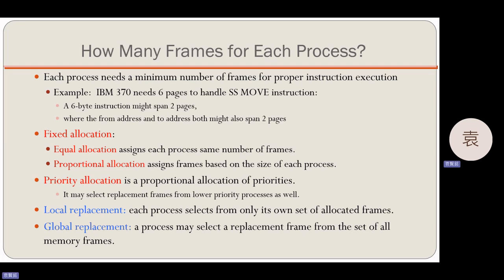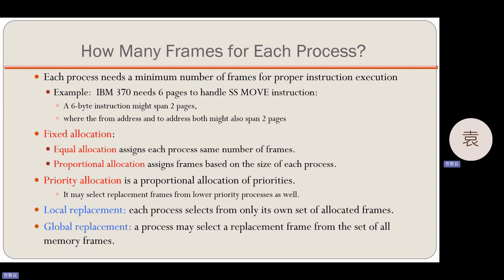This kind of replacement, sometimes we call global replacement, instead of local replacement. Local replacement means a process only selects those frames which are assigned to itself. Global replacement means a process may select a replacement frame from other processes.